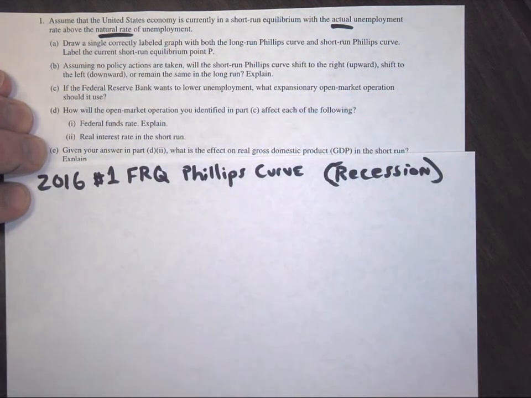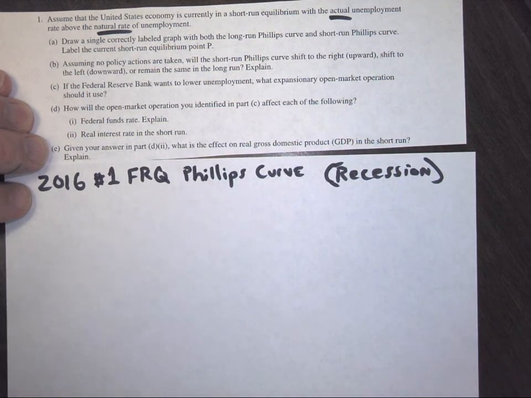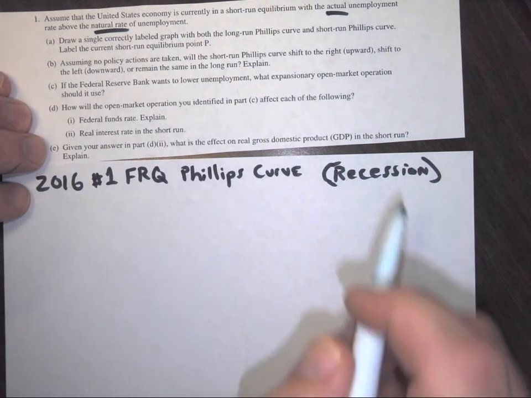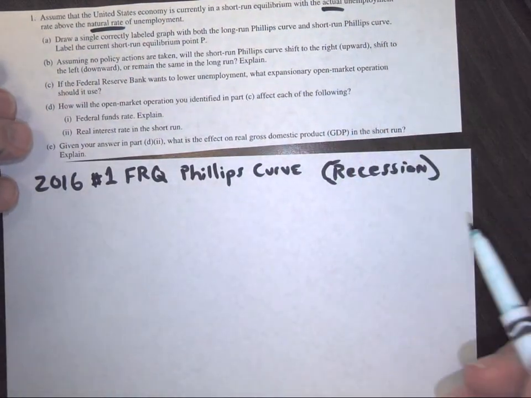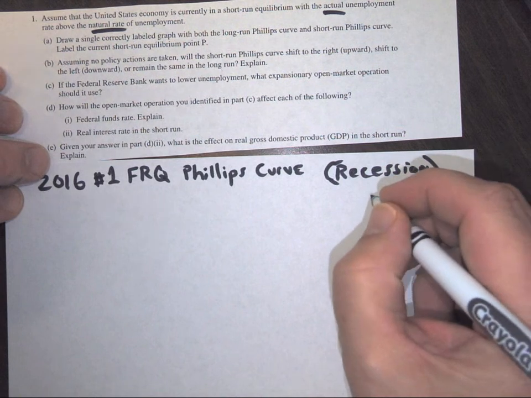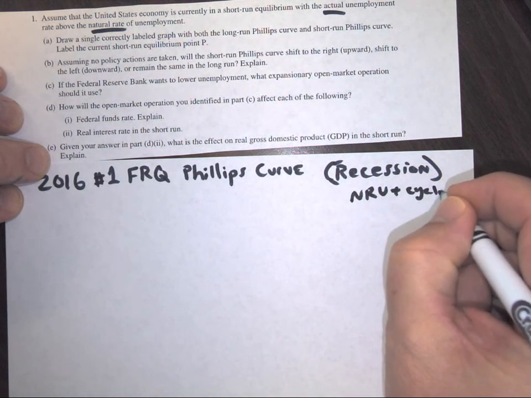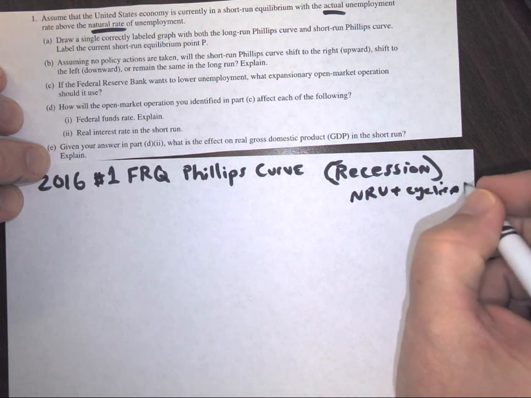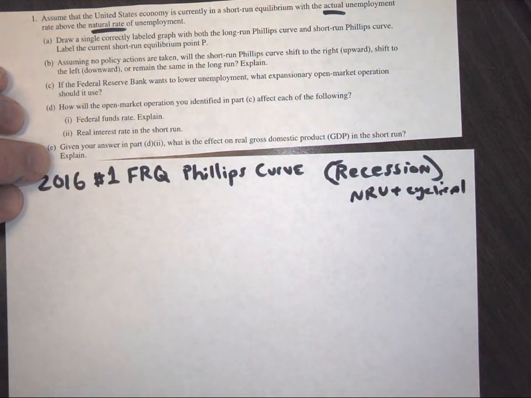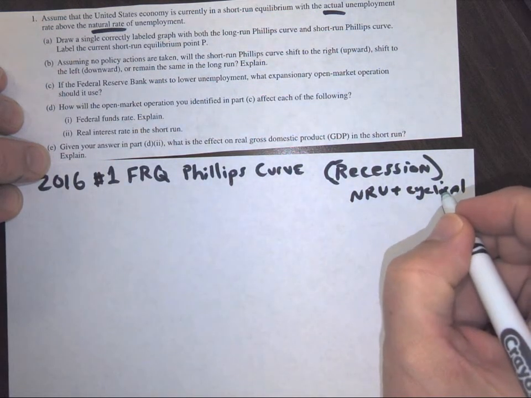Actual unemployment versus natural. So if we have more actual unemployment or it's above the natural rate, that means we have a recession. Okay? Because remember, the actual rate is our natural rate of unemployment plus cyclical. Cyclical.